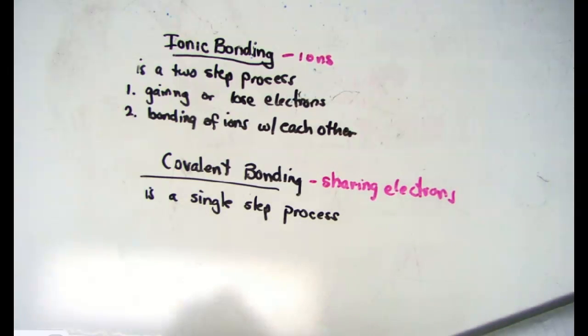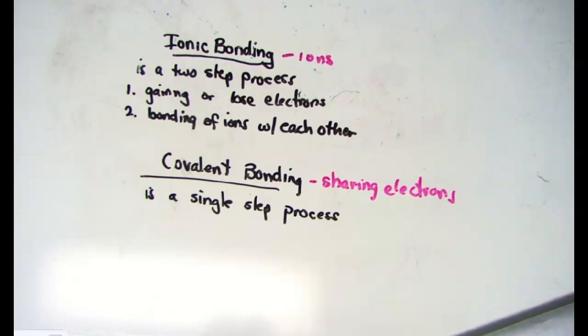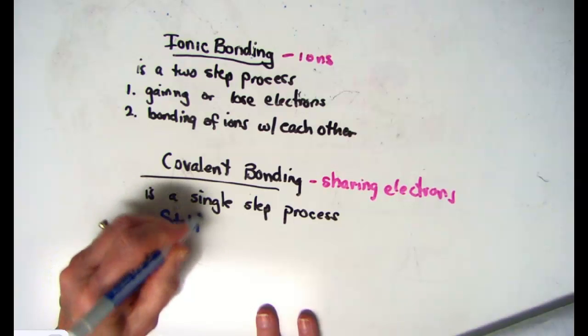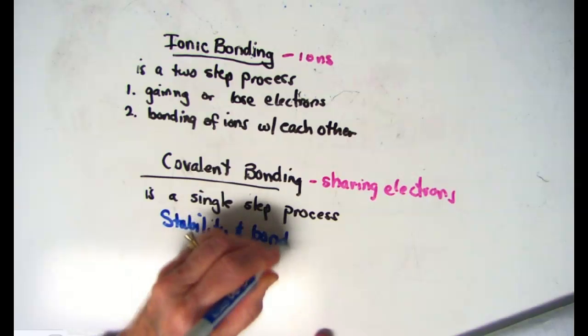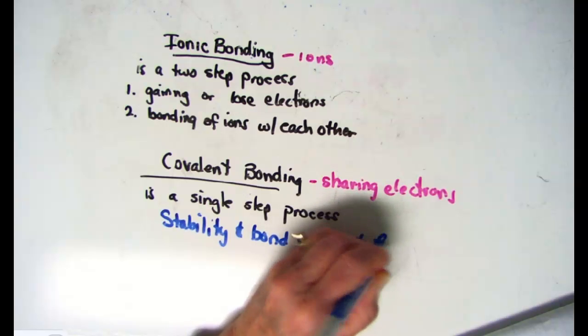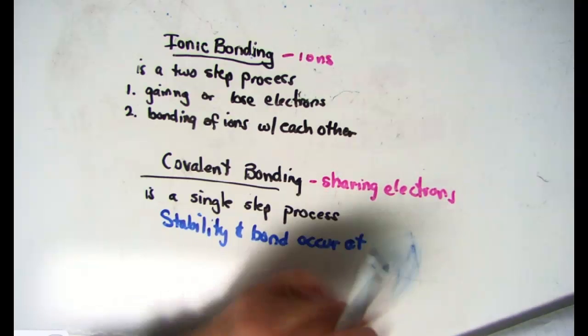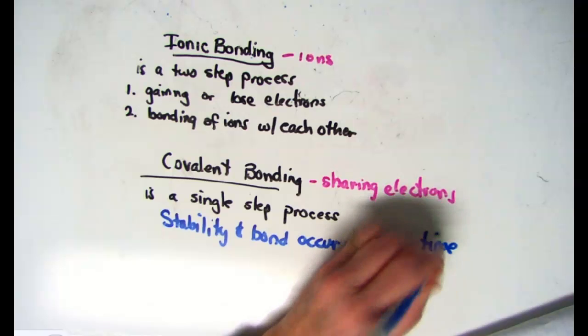When I left you, I told you I was going to talk to you about the difference between the ionic and covalent bonds and the fact that this is a 2-step and this is a single step. If it's a single step process, then what you need to get is stability and the bond to occur at the same time.